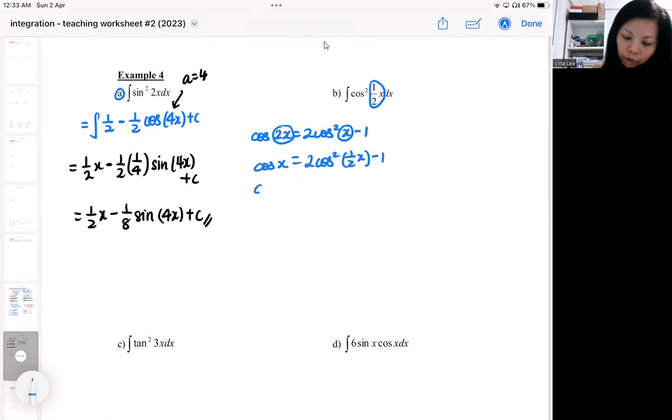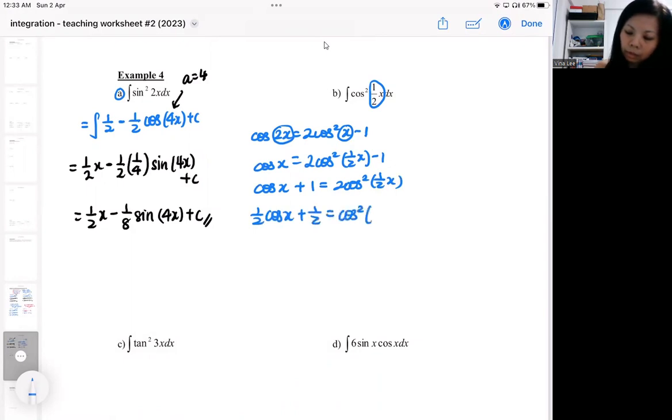So once you change to x, you do your manipulation. You do your manipulation, you divide by 2. So remember the double up, then you can get the equivalent.